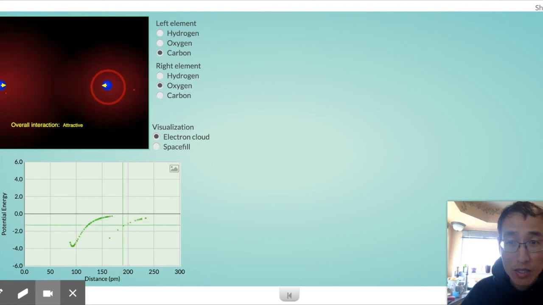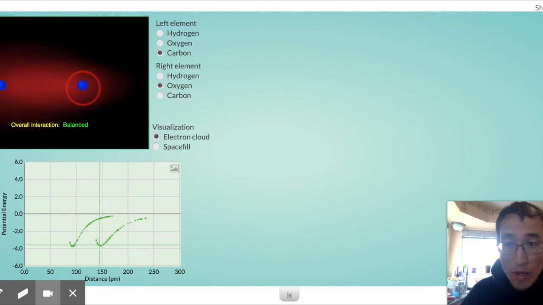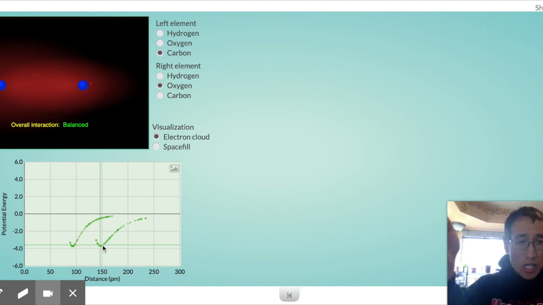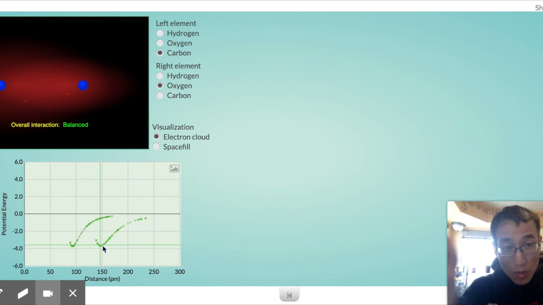I bring this together, and now you see that it is forming way out here. The amount of energy is about the same, about 3.8. So they're coming together, and now remember what's happening to the energy. Is the energy going up or going down when I start snapping together?